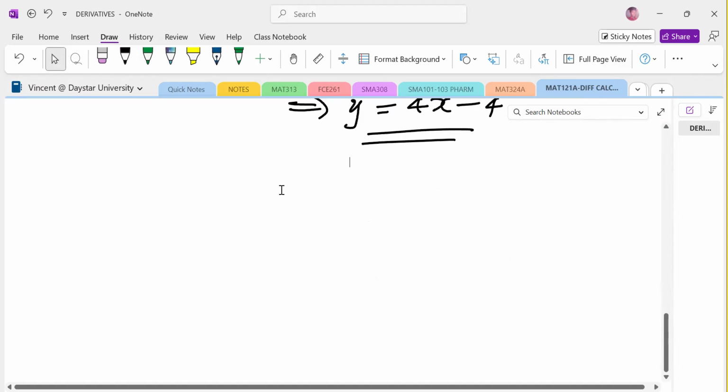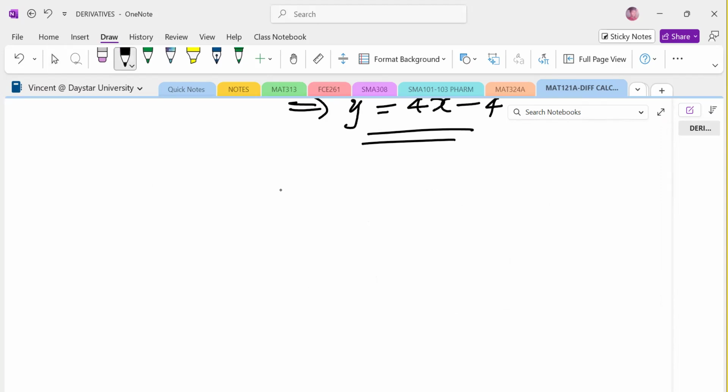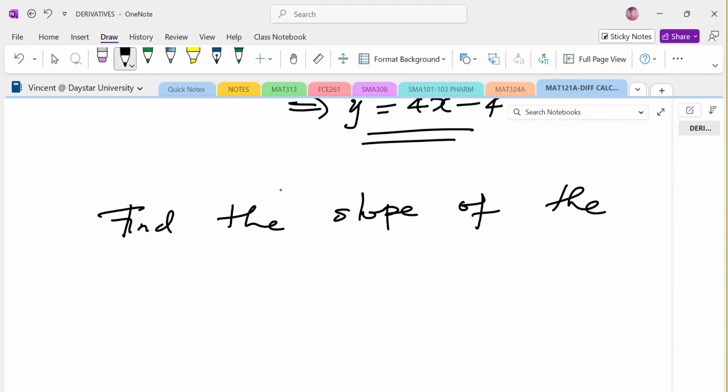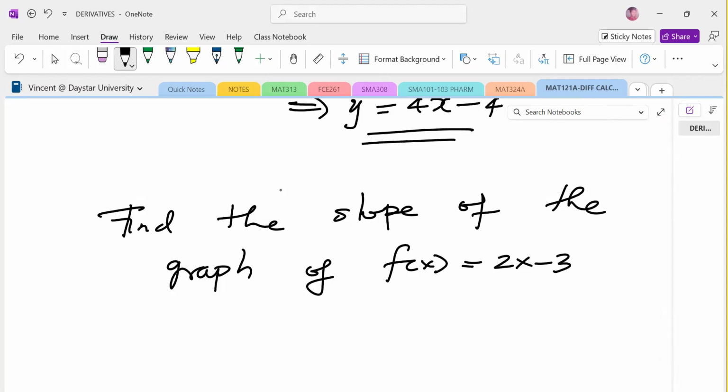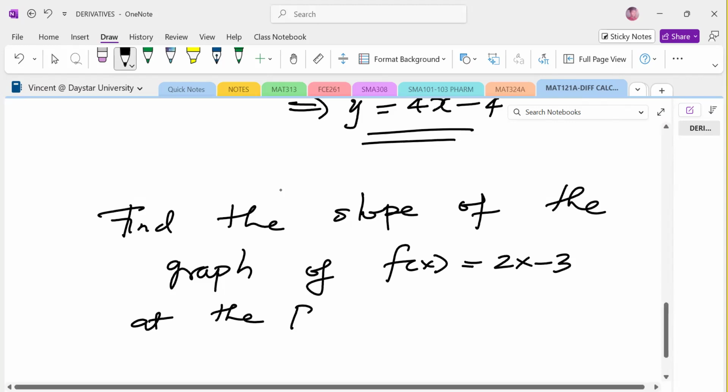Then example 2: find the slope of the graph of f of x equals 2x minus 3 at the point (2, 1).